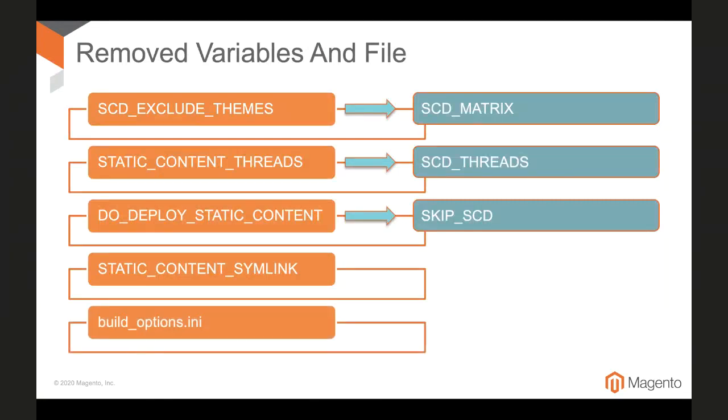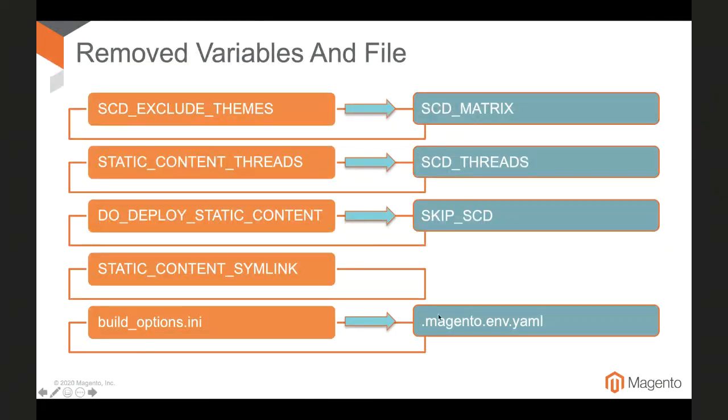And we also removed one file, so it's pretty old. I guess you don't even know what it means. It's okay, because all these things which before you could set in these files, everything is covered in our Magento env file and even more.